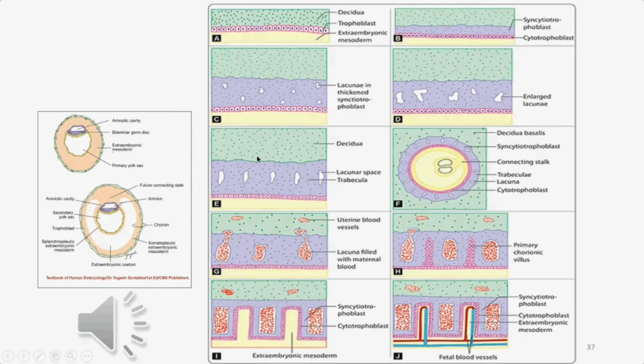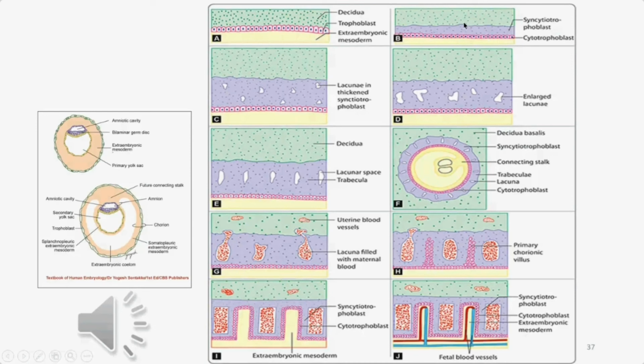In figure A, the yellow part is the extraembryonic mesoderm. Then this is the layer of the trophoblast and then there is a deciduum. In figure B, there is a yellow part, the extraembryonic mesoderm, then this layer of the cytotrophoblast.